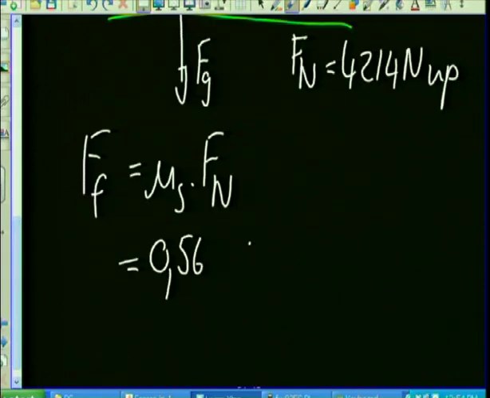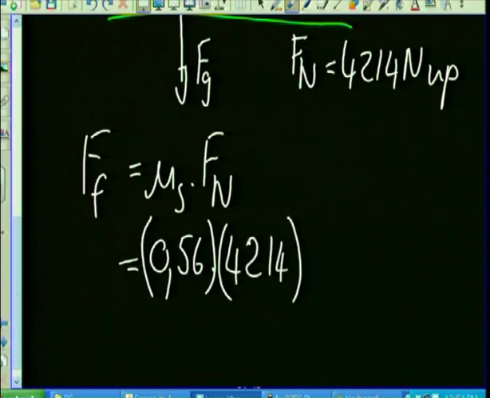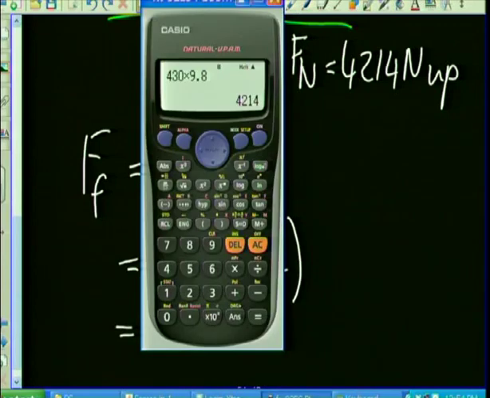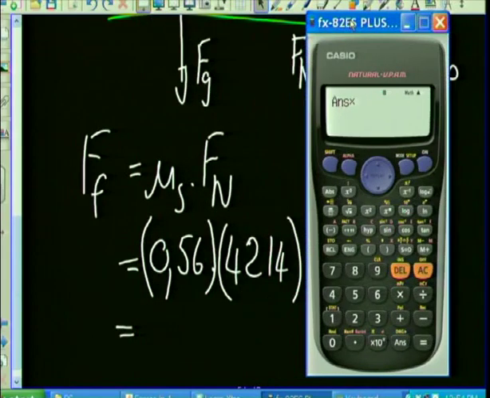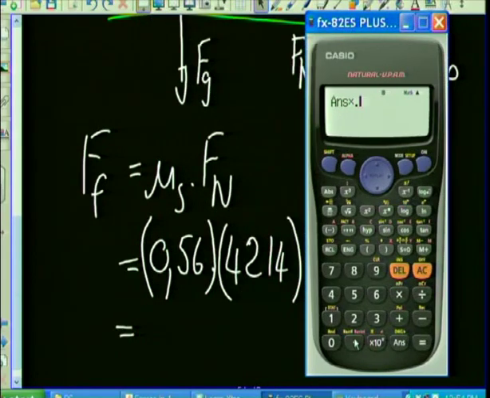It's a constant, and it varies for different surfaces. We're going to multiply that by the value of the normal force, 4,214. So 4,214 multiplied by the coefficient of static friction, 0.56, and we get an answer for the frictional force.